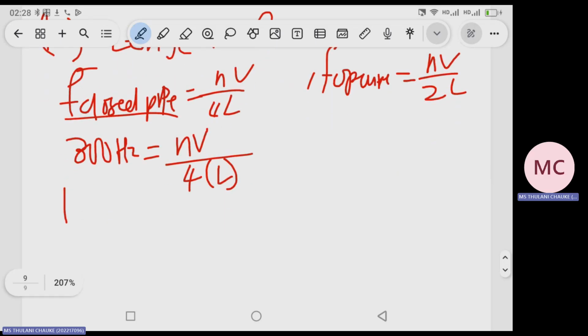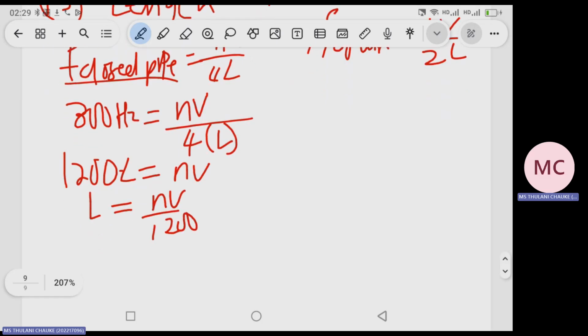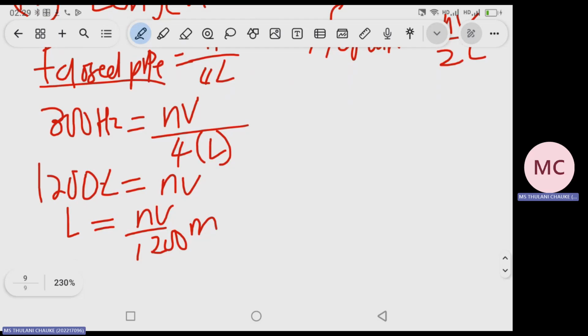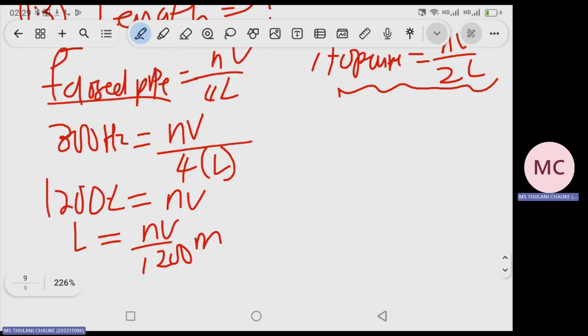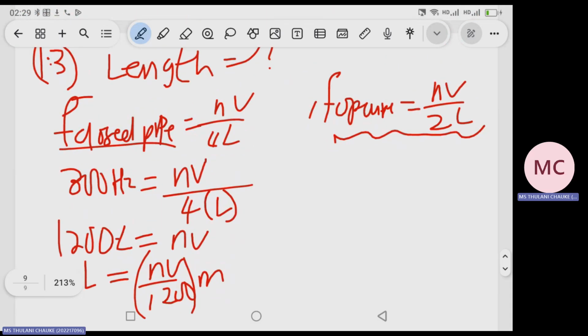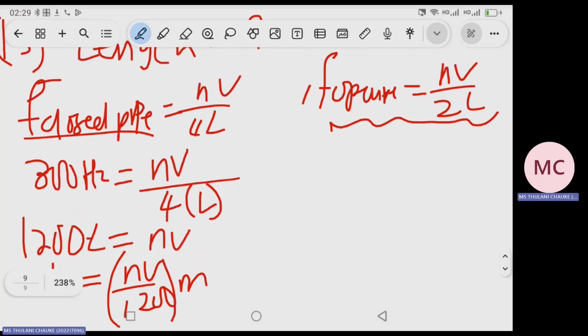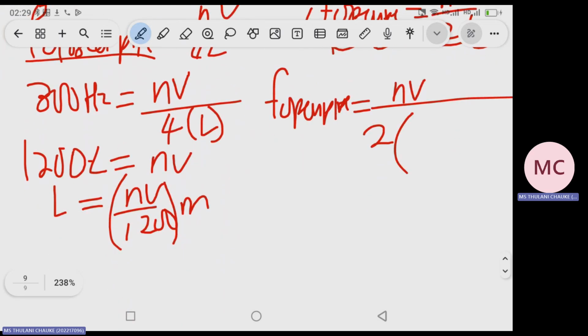If I multiply both sides by 4L, I'll have 300 times 4L being equal to NV, and then I make L the subject of the formula, I have NV over 1200 meters, right? And then coming to this equation here, I can replace L with that. So I'm looking for F of the open pipe, then we have NV here, then 2 times NV over 1200.